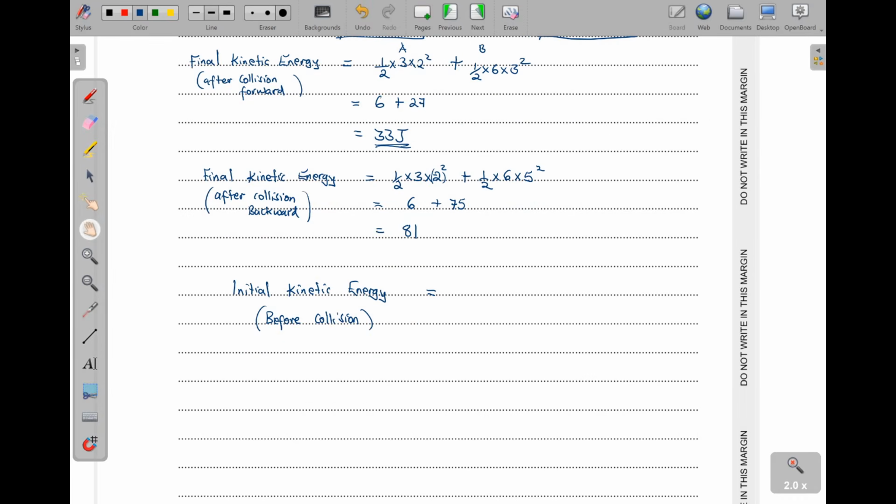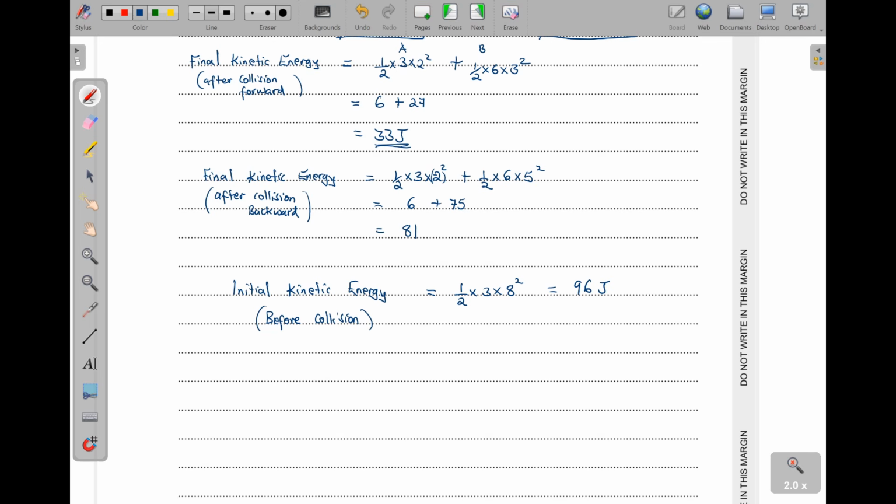So I will have a half times the mass of A, which is 3, times the velocity at which it was projected, it's 8, then 64 divided by 2, you get 32 times 3, that will be 96 joules.